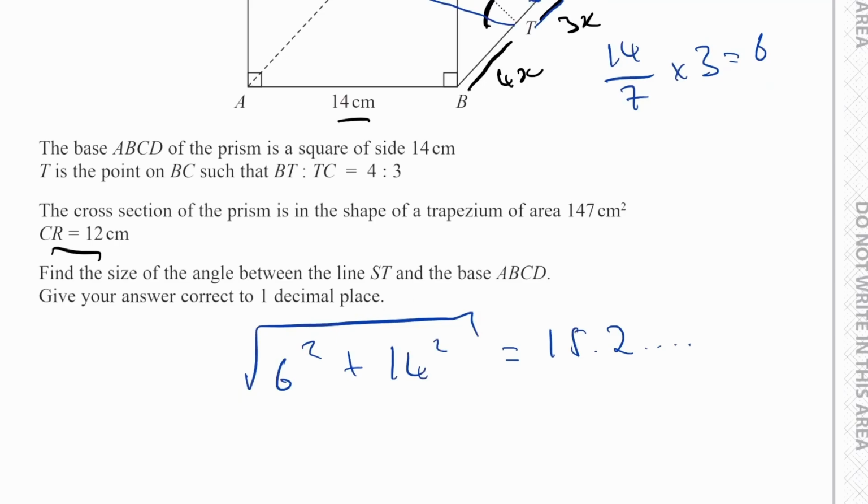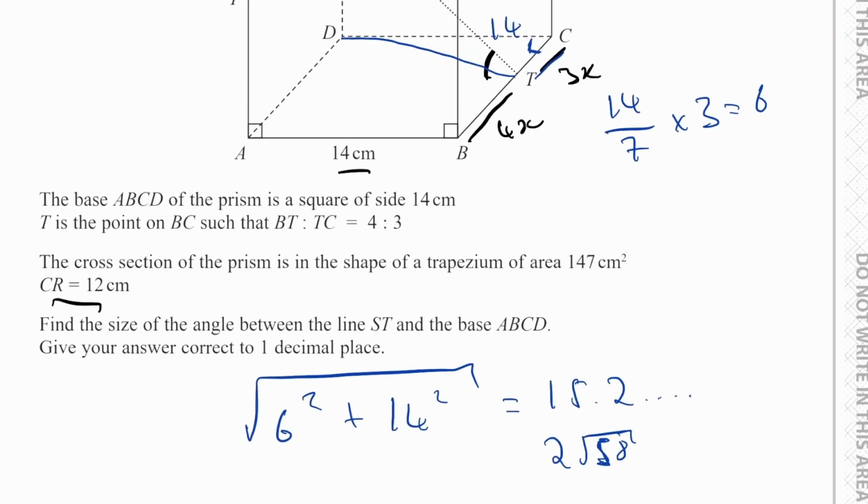Keep all the decimal places for now because we're not going to round it yet. In fact, it would be even better if you just wrote this. Some calculators might write this as 2 root 58. In which case you just leave it like that, and that's perfectly valid as well and more accurate.